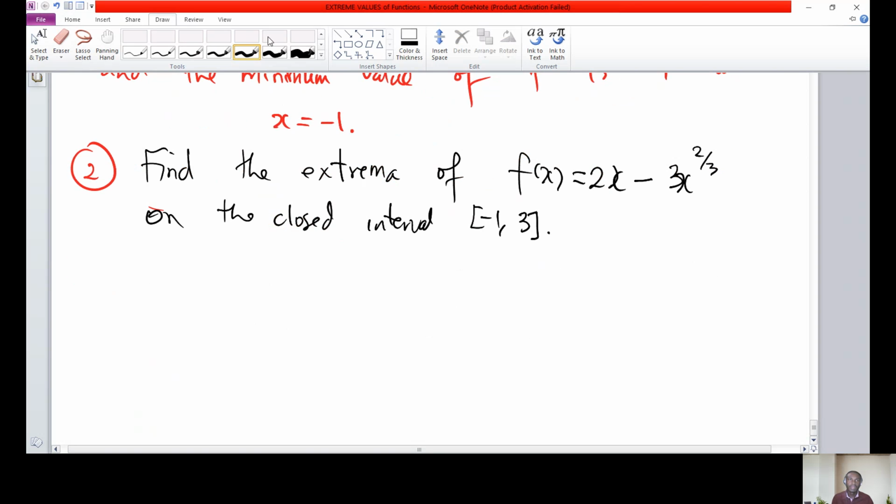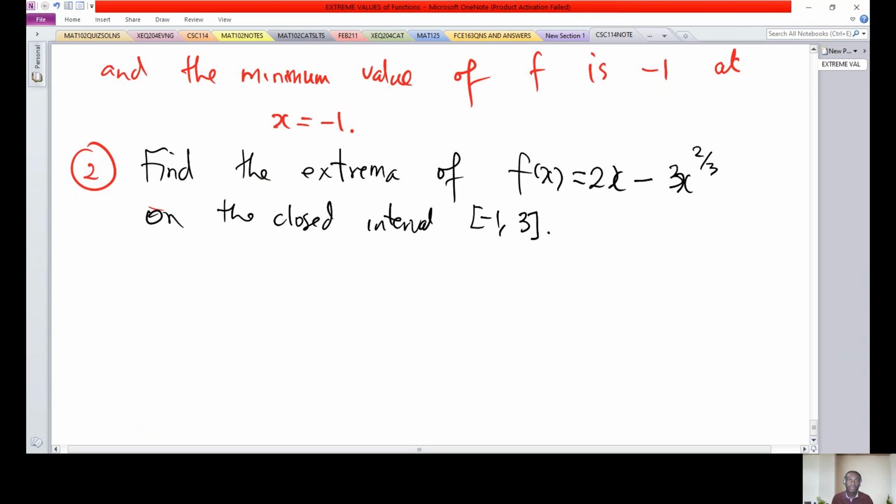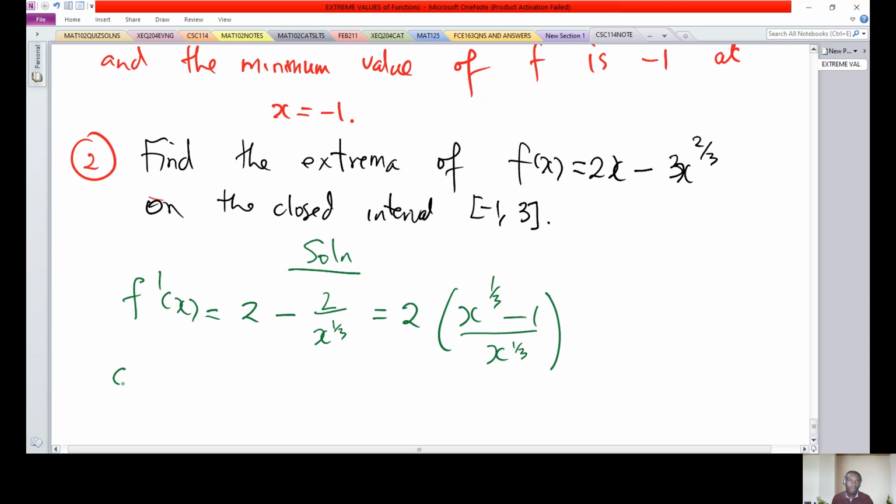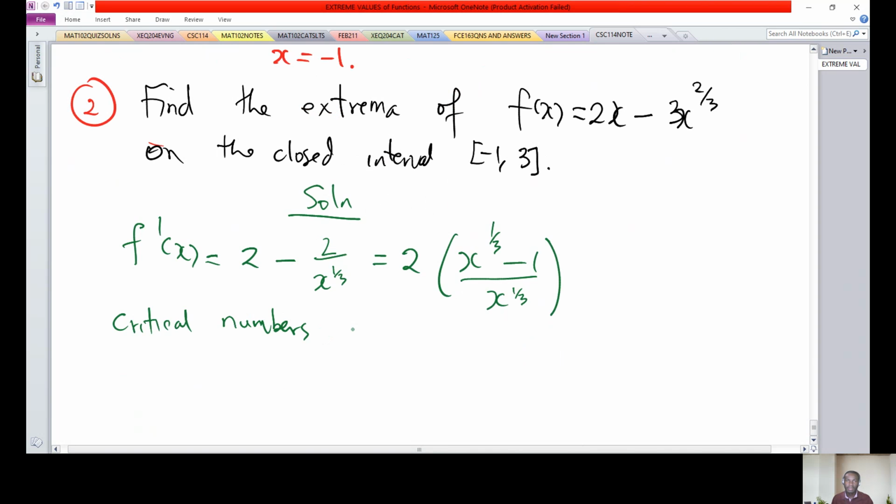As usual, we start by finding the derivative. Solution: the derivative of this function is 2 minus 2 over x to the power 1/3, which is the same as 2 times (x to the power 1/3 minus 1) over x to the power 1/3. Now critical numbers or critical points are obtained by setting f prime to 0.